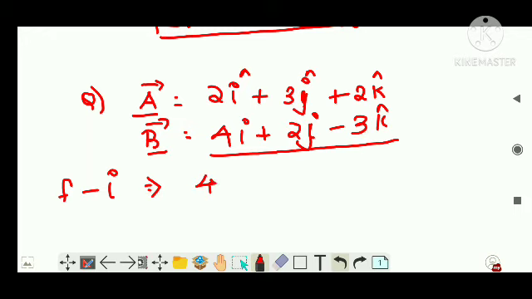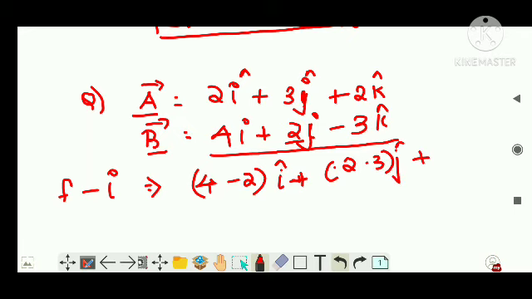So I will take 4 minus 2 i cap, that is delta x i plus delta y j cap. So what is delta y j cap? That is y2 minus y1, that is 2 minus 3 j cap, plus now the z section. Just like x, y, I can also take z. There are three coordinates actually.